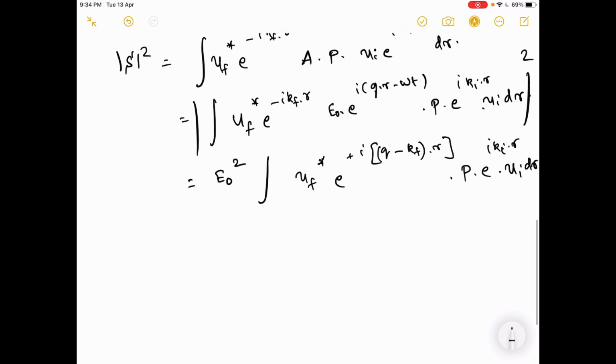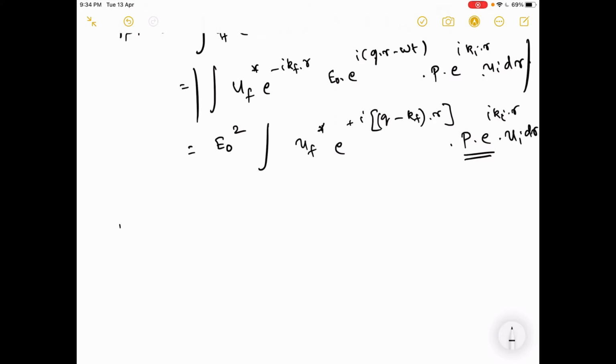And this P acting on ui e power i k dot r has to be expanded. So P is basically a differential, right?